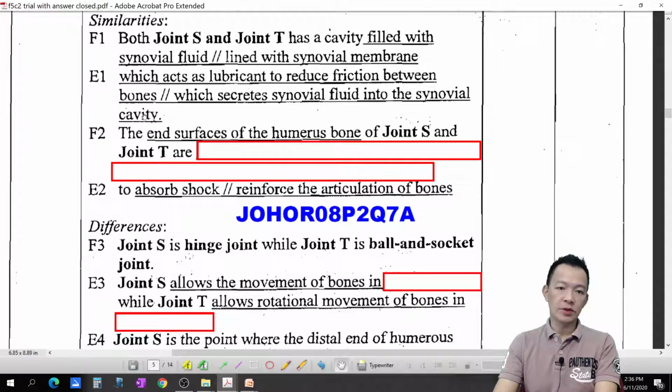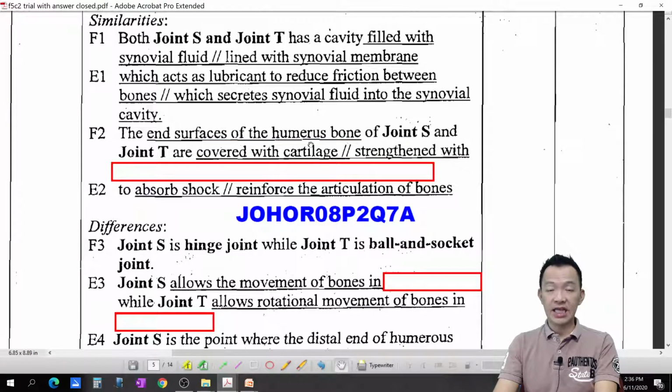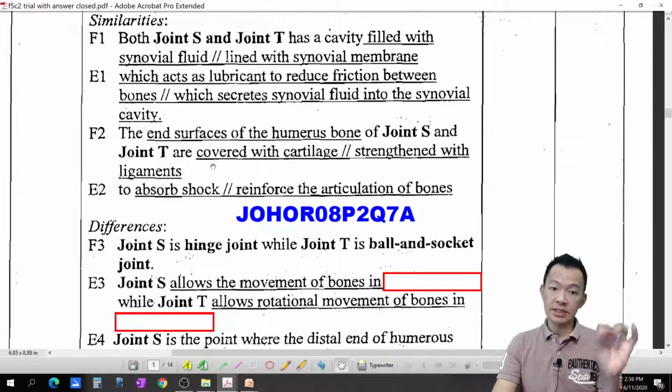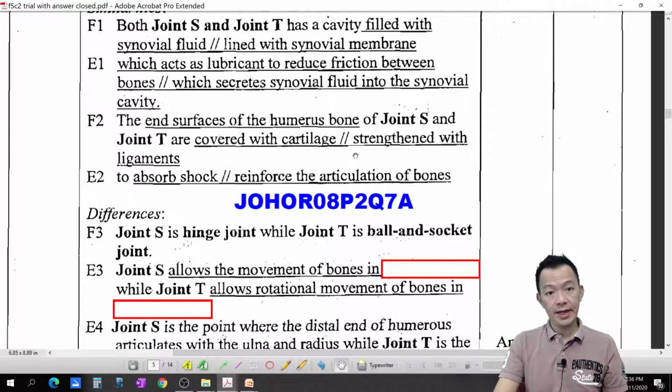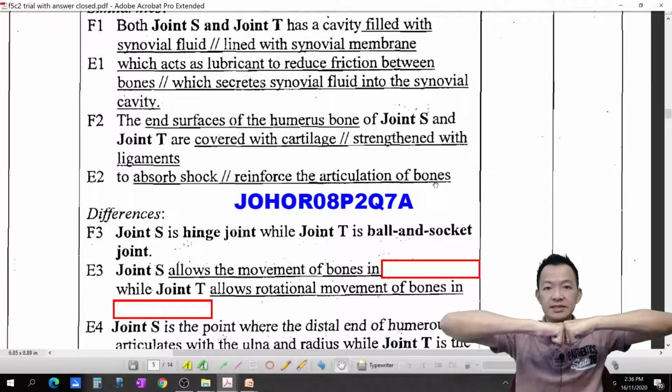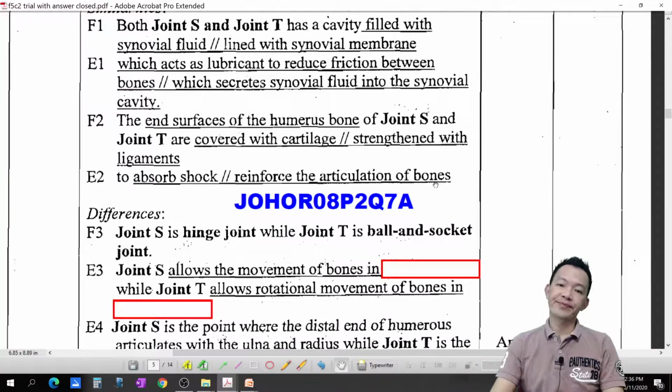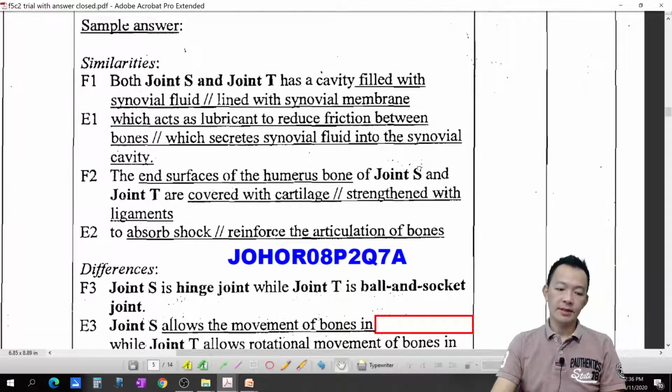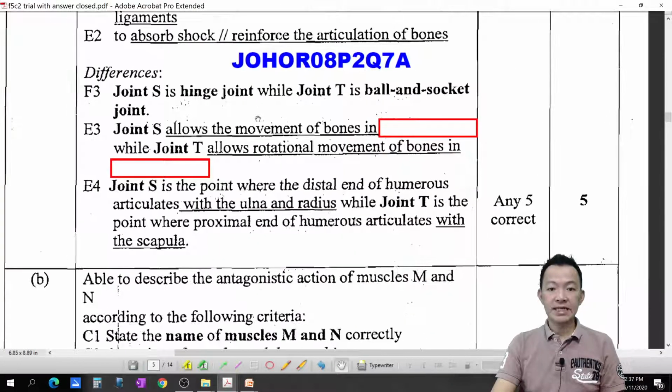Next，还有什么共同点？The end surface of the humerus bone of the joint S and D they are what? They are covered with the cartilage 有软骨，and they are strengthened with the ligament，都有 ligament 增强，或者是软骨，to absorb the shock 吸收震动，to reinforce the articulation of the bone 增强它们的连接处。Next, differences 差别.